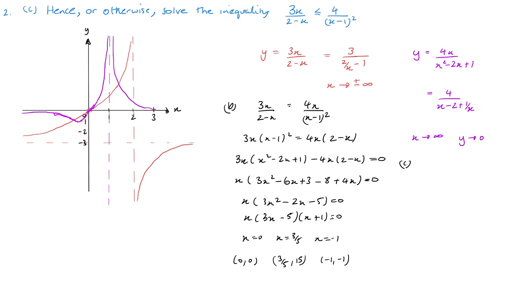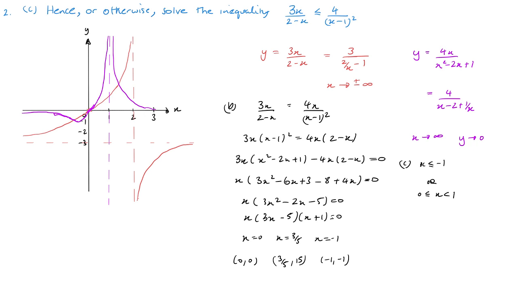So C is now when the purple graph is greater than or equal to our red graph. So that's going to happen here. So that is when x is less than or equal to -1. Then it's below between -1 and 0. Then it goes above between 0 and 1. So between 0 and 1, it can't be 1 though, because that is an asymptote.